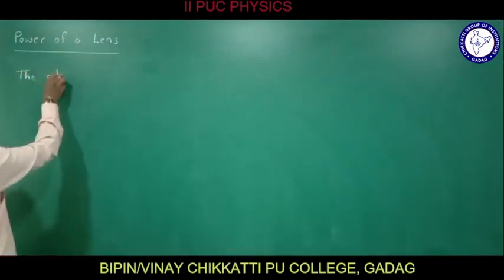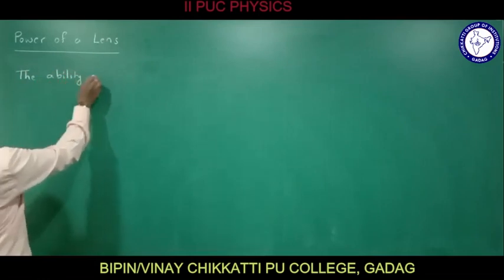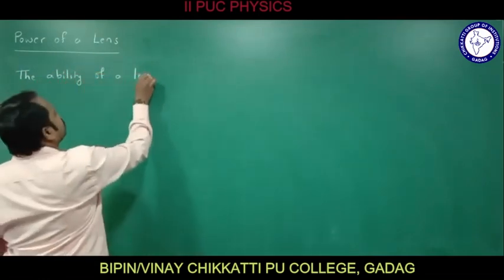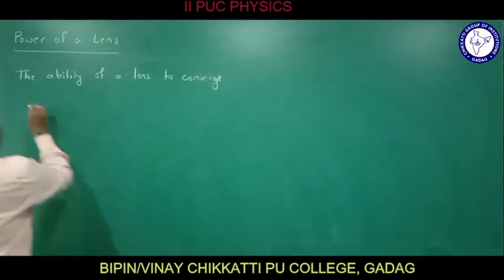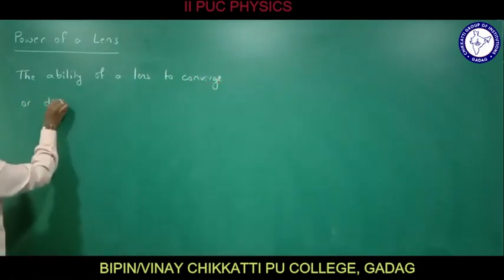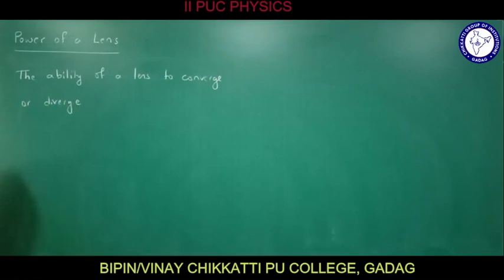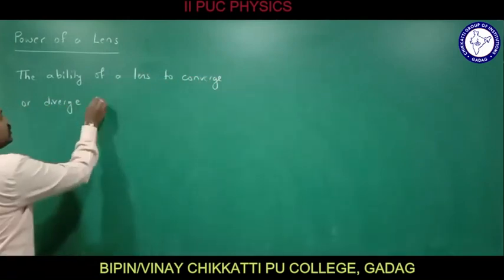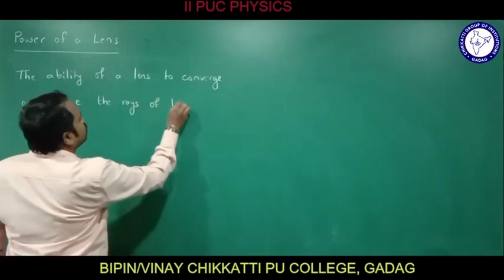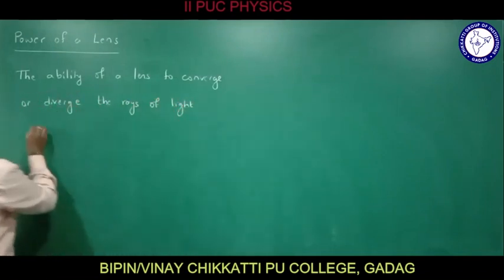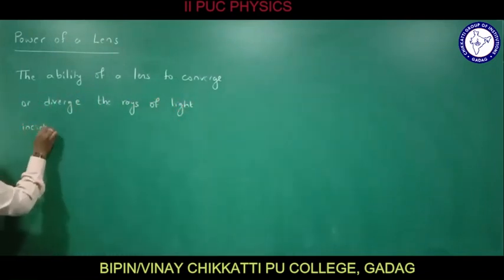Power is the ability of a lens to converge or diverge the rays of light incident on it.